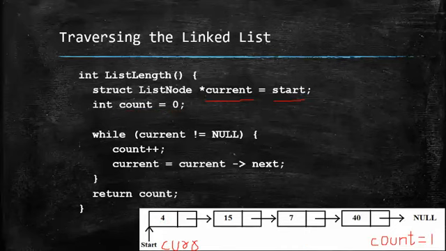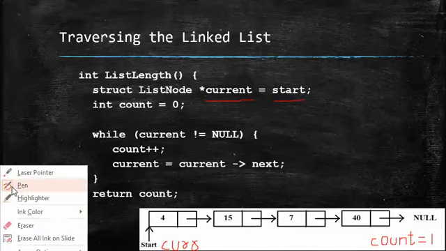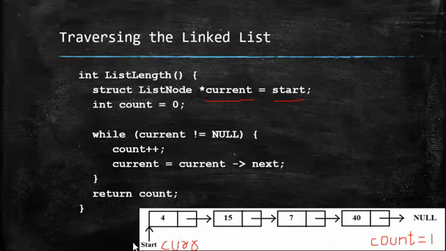Now current is still pointing to 4, and count has become 1. The next step here is that current should start pointing to the next of current.